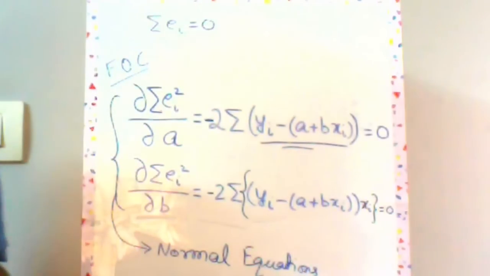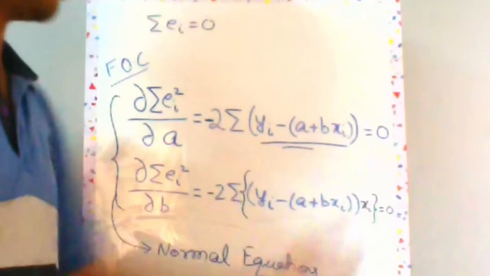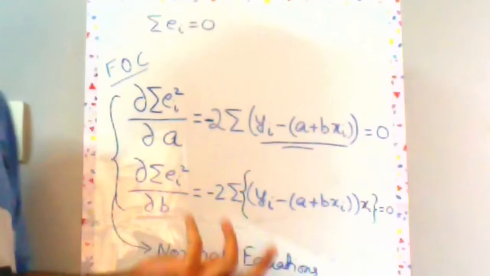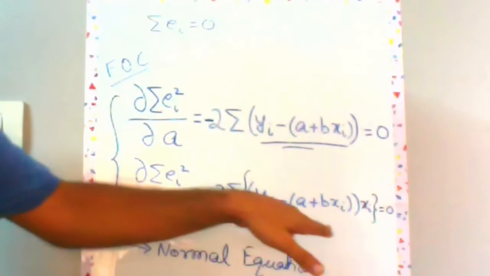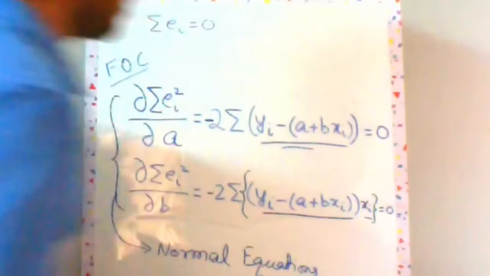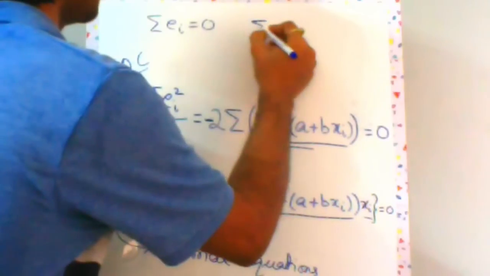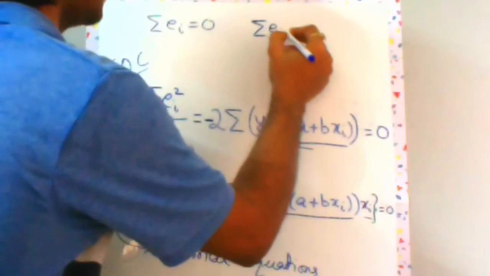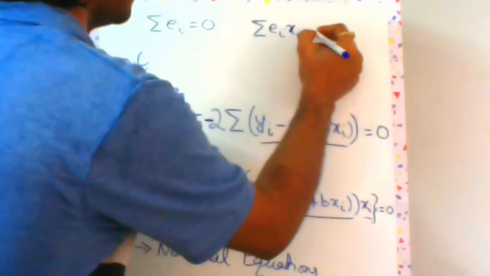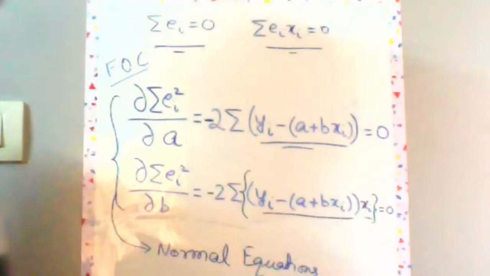You don't need to worry about minus 2 because minus 2 into something is equal to 0, so definitely this something is 0 because minus 2 cannot be 0. If you come here, you have ei into xi, and again you can forget minus 2 over here. So summation ei into xi is equal to 0. So this is an alternative way to write the normal equations.